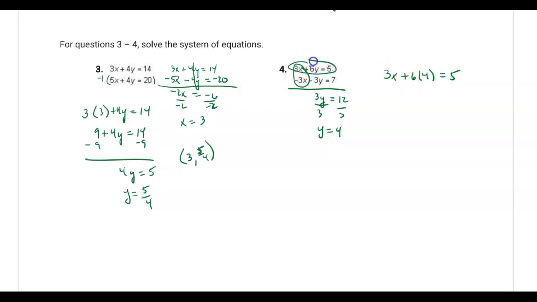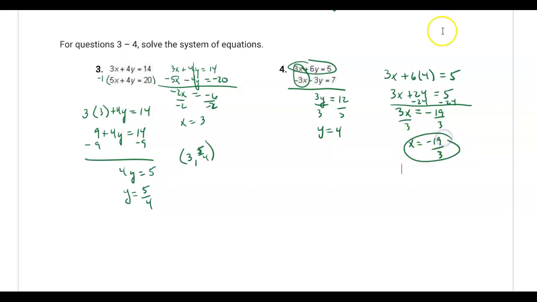All I did was plug y into this equation. 3x plus 24 equals 5. Subtract 24. 3x equals negative 19. And when I divide by 3, x equals negative 19 over 3.